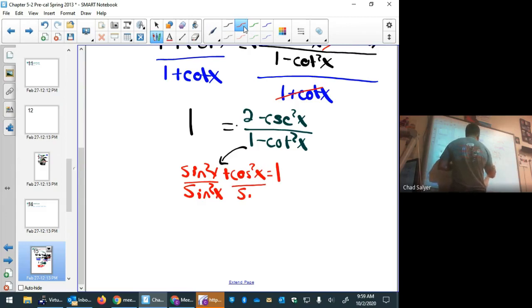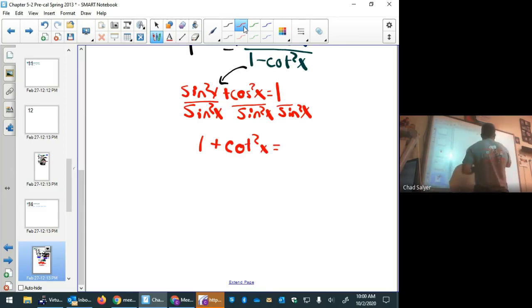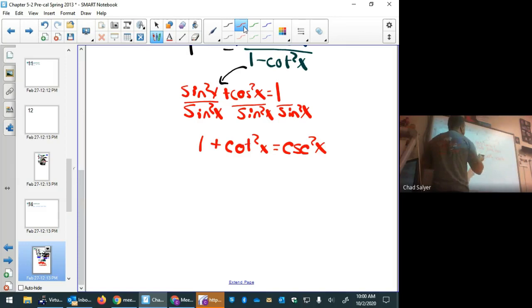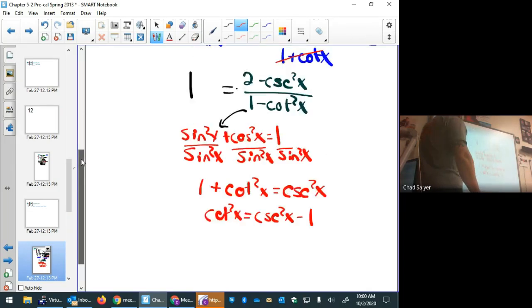So if I divide everything by sine squared x, I'll get 1 plus cotangent squared x equals 1 over sine squared x, and 1 over sine is the cosecant, so cosecant squared x. So if I subtract 1 from each side, I get cotangent squared x equals cosecant squared x minus 1.